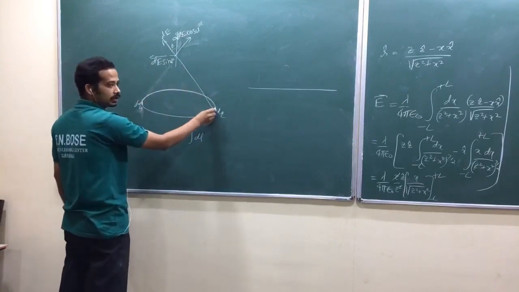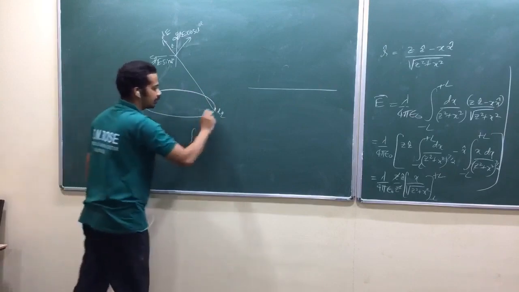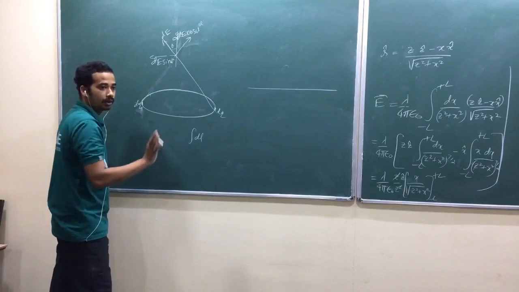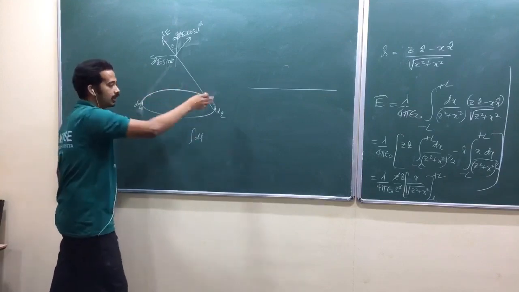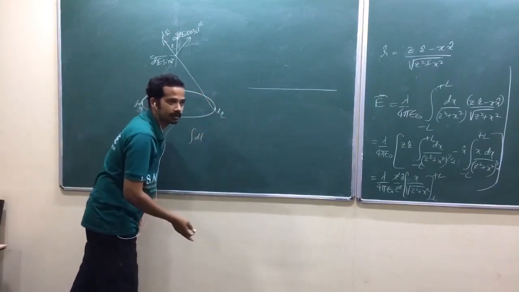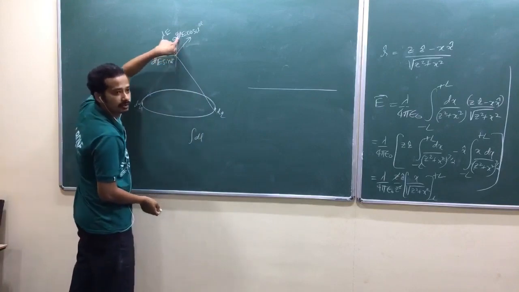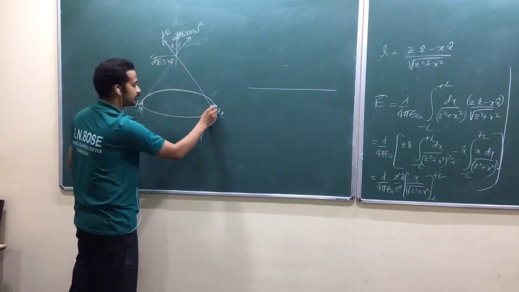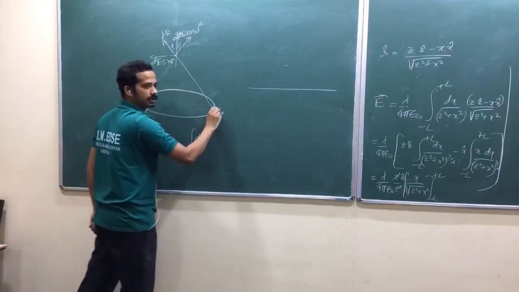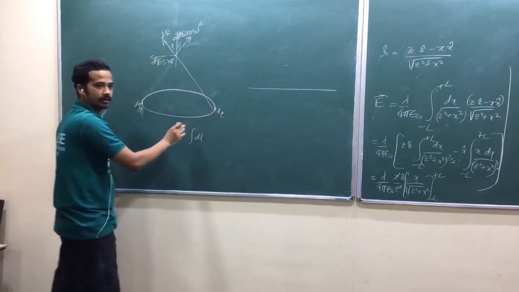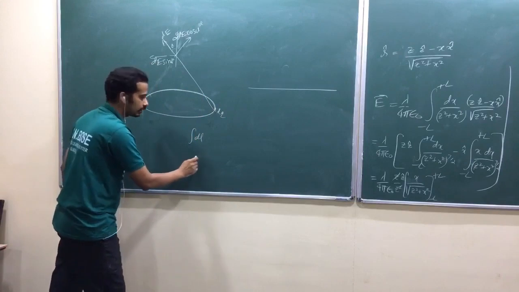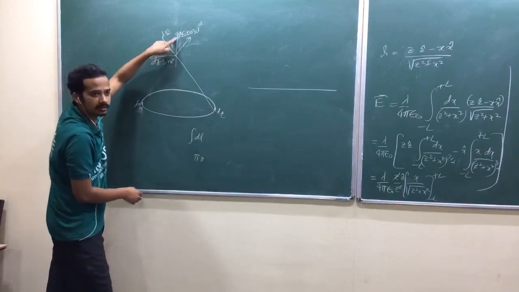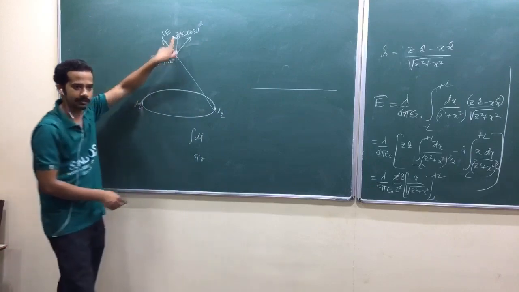If this charge comes from here to here, this charge automatically goes from here to here. Only one charge. That's why you have to write integration of dl as 2 pi r, because there was no factor 2 here, isn't it? Now 2 charges right now. If one charge sweeps like this, the other charge will automatically sweep the other part. That's why integration of dl, you have to write as pi r, not 2 pi r. So the other factor 2 is already here. It will take care.